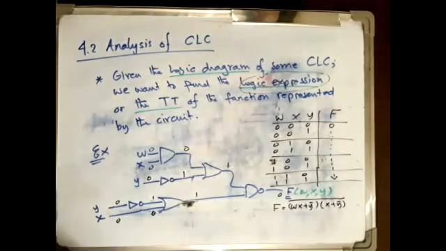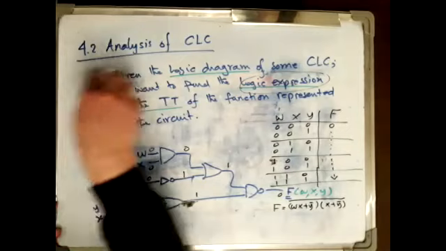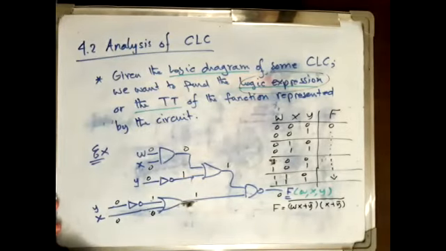So this is all we need to talk about on the analysis topic, which is straightforward. Of course, now you may simplify this expression, or you may simplify the function from the truth table if you were asked to, if the problem asks to find the simplified logic expression of the function implemented using this circuit.